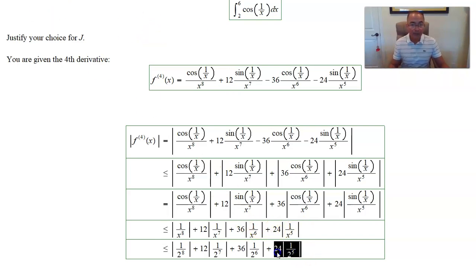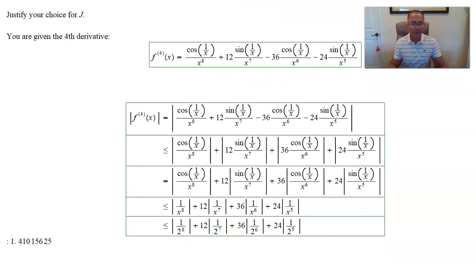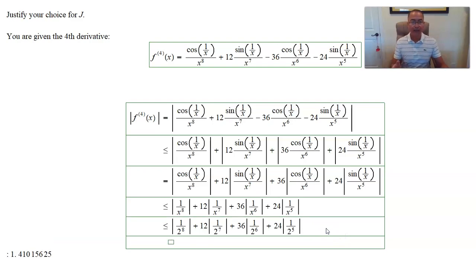So can Maple find this for us? What do we get? 1.41. So that is bigger than the k that we saw for trapezoid, but that's all right, because in the formula for the error, we do have bigger numbers in the denominator.